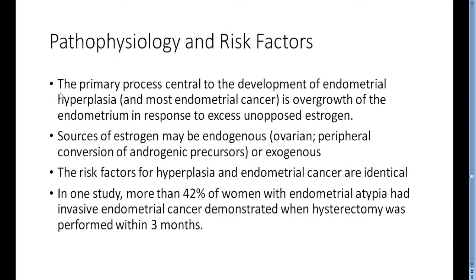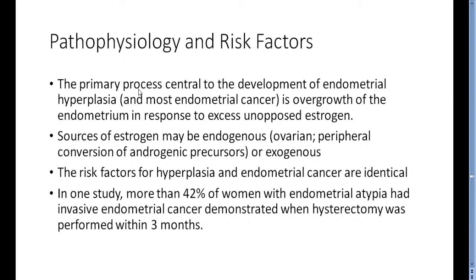The primary process central to the development of endometrial hyperplasia and most endometrial cancer is overgrowth of endometrium in response to unopposed estrogen stimulation.